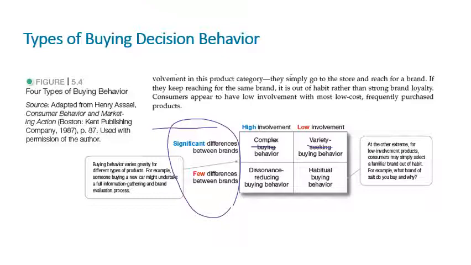The case where we have few differences and low involvement is habitual buying behavior. And finally, when we have few differences and it's particularly important for us, we're going to do dissonance reducing behavior, where we're trying to minimize the chances that we make the wrong decision or try to minimize our regret.